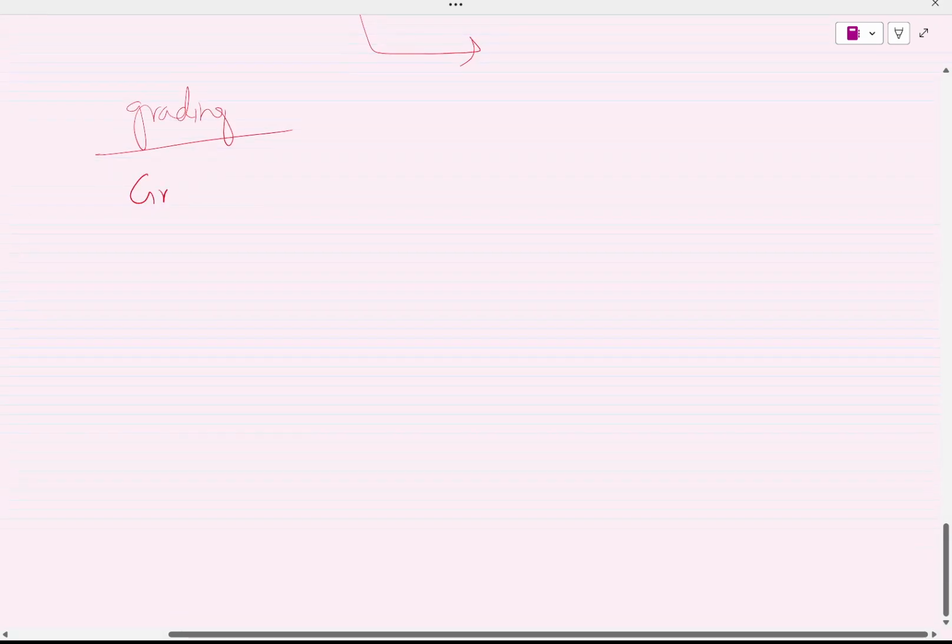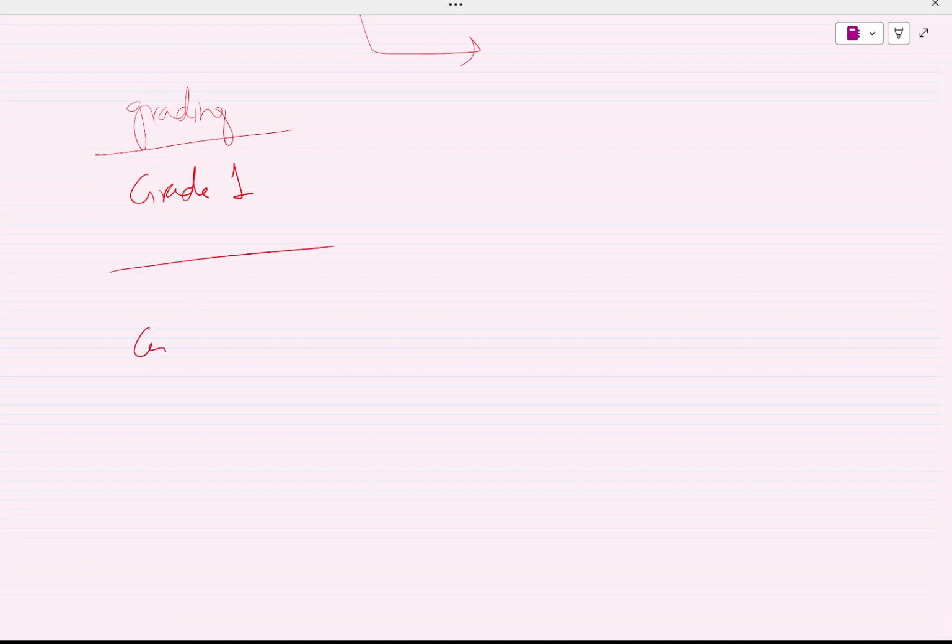If a patient comes to you, how will you check whether the patient is grade 1, grade 2 or grade 3?